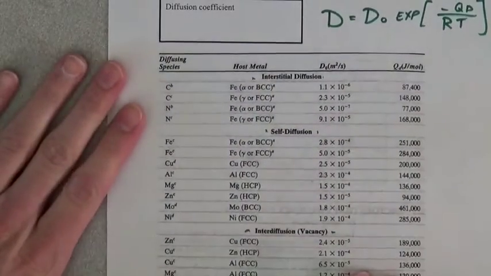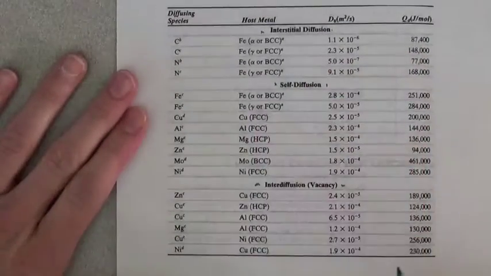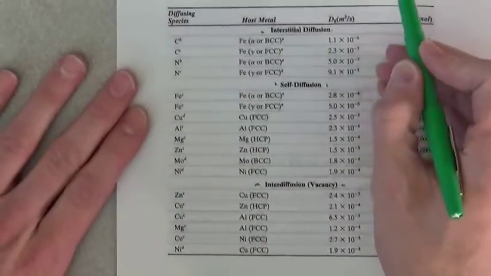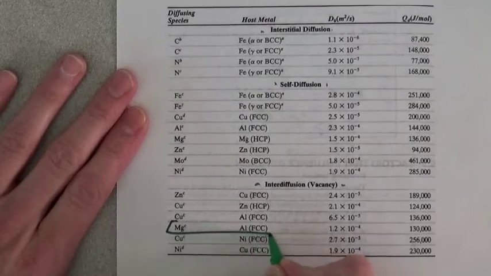So this problem really is a matter of just being able to read the data, recognizing that we want to look for magnesium in aluminum. We are looking for this data.